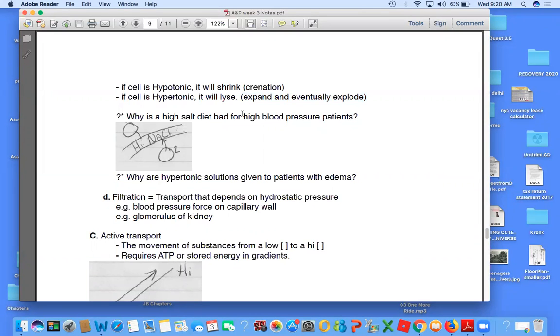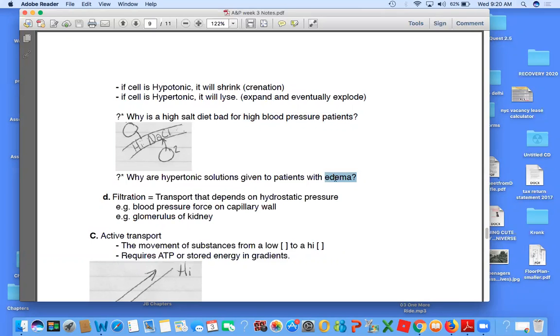That's why it's bad to have a salty diet when you're a high blood pressure patient, because the water follows the salt in your blood vessel. It dehydrates you, by the way, which is why you never want to drink salt water on a desert island when you don't have much water, because it'll dehydrate you even more. More water will leave your cells, go into the salty blood vessel, raise your blood pressure, and you'll pee it out and dehydrate even more. That's what happens with patients with edema.